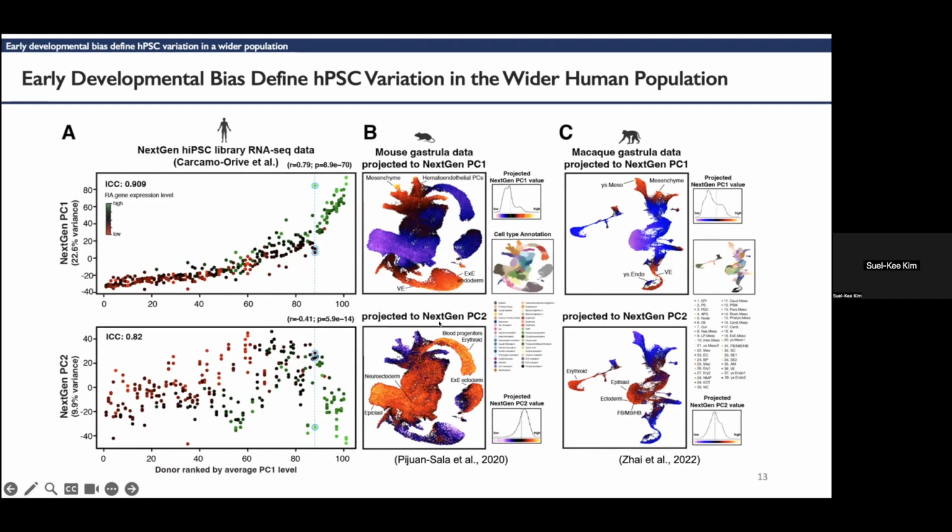And this correlation confirms that the variation in retinoic acid response and early lineage bias that we observed in a small number of lines previously are indeed a major variation in multiple lines derived from the broader human population.